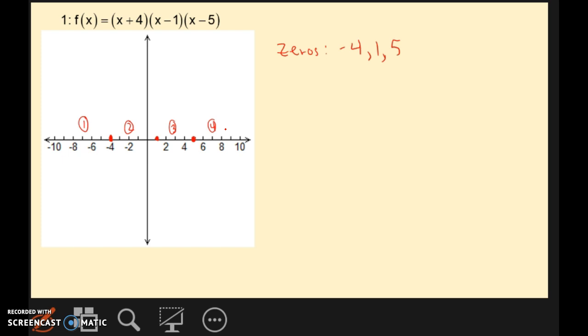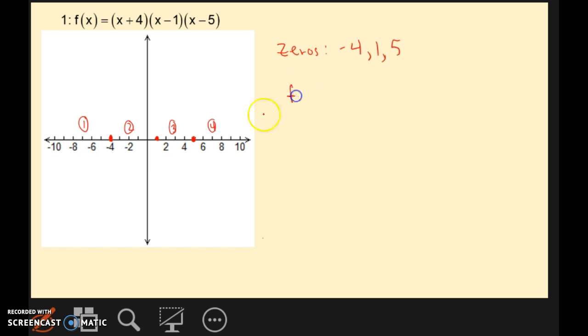Region 2 is between -4 and 1, so values in between those two zeros. Region 3 is between 1 and 5, between those two zeros. Our next step then is to find out in each of those regions, are we expecting positive numbers or negative numbers? And the way we do this is we're just going to effectively pick any old point that would fit in each of those regions and see if we get a positive or negative value.